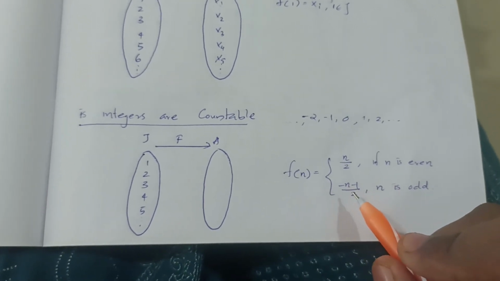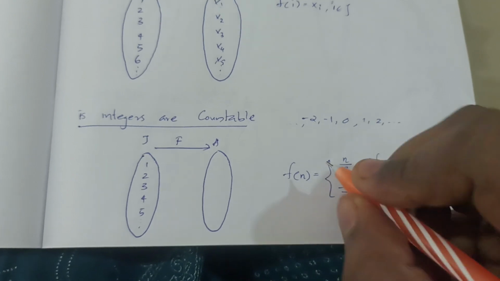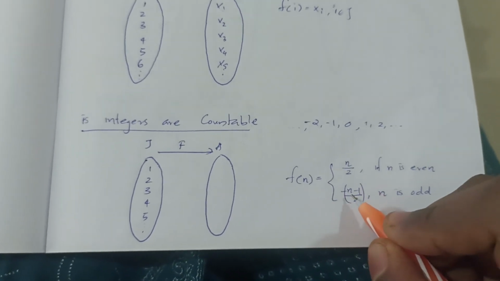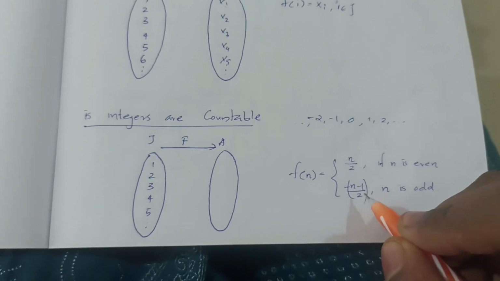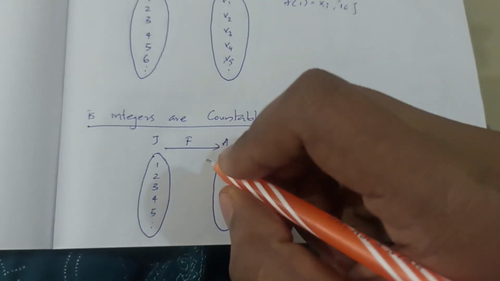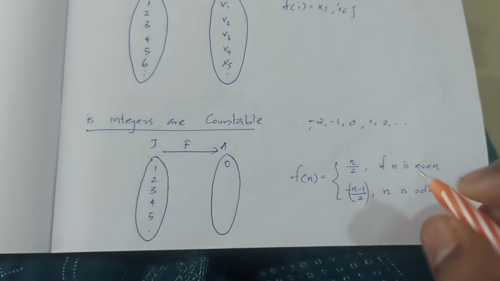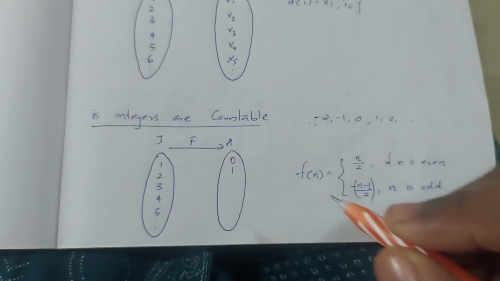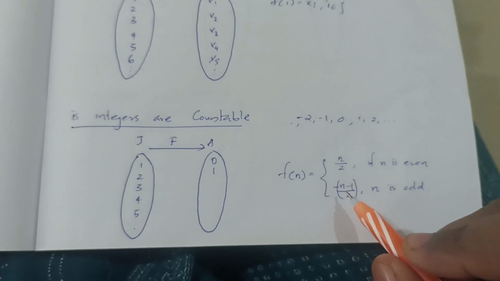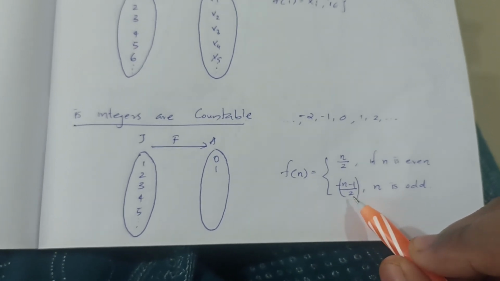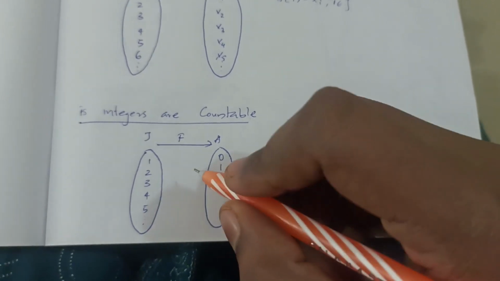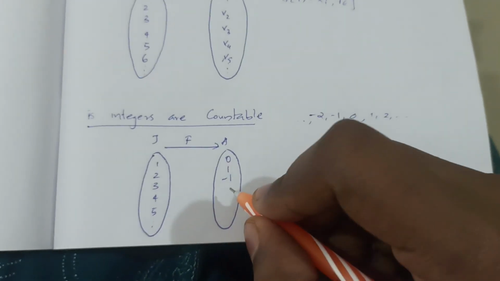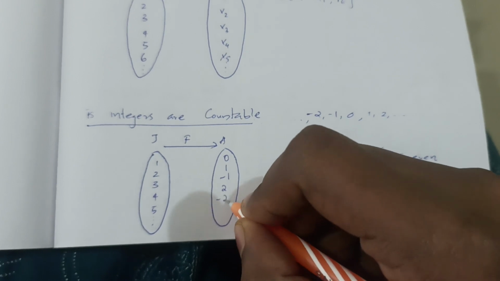For n equal to 1, it becomes minus (1 minus 1) by 2, which is 0. When n equal to 2, it becomes 2 by 2, which is 1. When n equal to 3, it becomes minus (3 minus 1) by 2, which is minus 1. In a similar way, you will get the rest like this too.